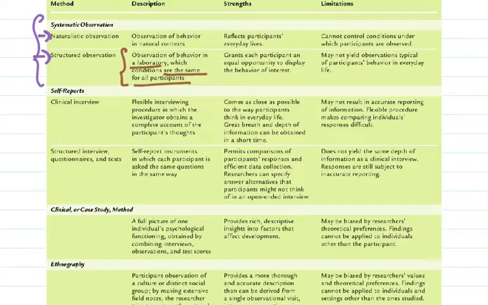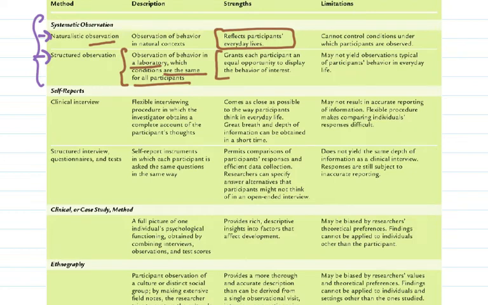Now, let's look at the relative strengths and limitations of each of these. So, in naturalistic observation, you have a reflection of people's everyday life. However, in structured observation, every participant is given an equal opportunity to display the behavior, the phenomena that we have in question.